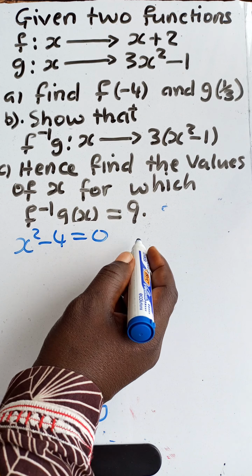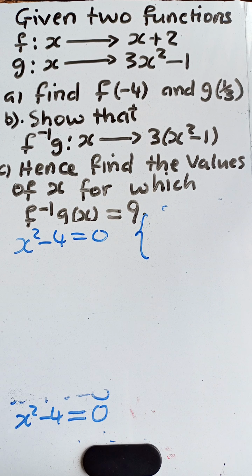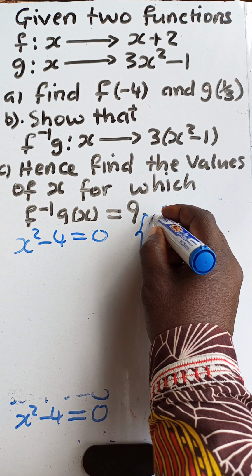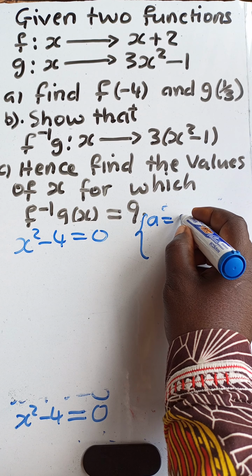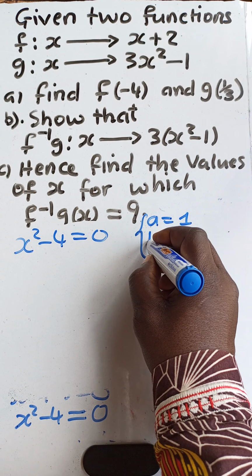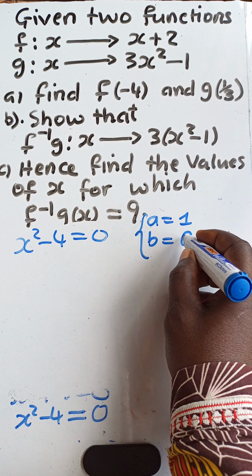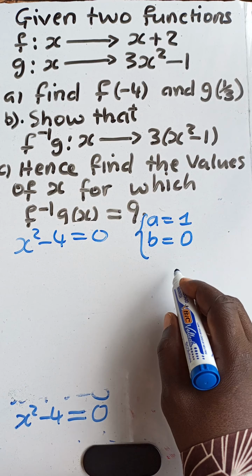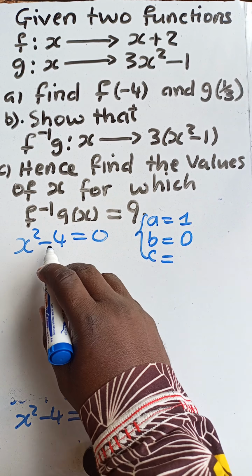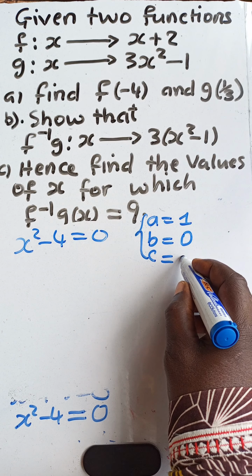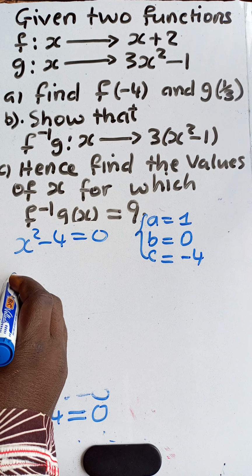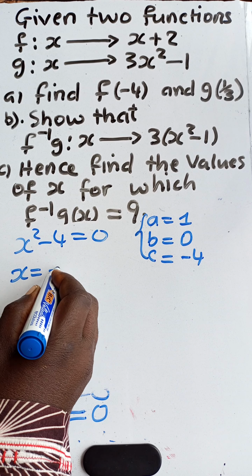If we choose the quadratic formula, then we collect our terms carefully. a is the coefficient of the x squared term. b is the coefficient of the x term. There is no x term here, so b is 0. And c is the constant term, which is negative 4. So we put it in the quadratic formula.